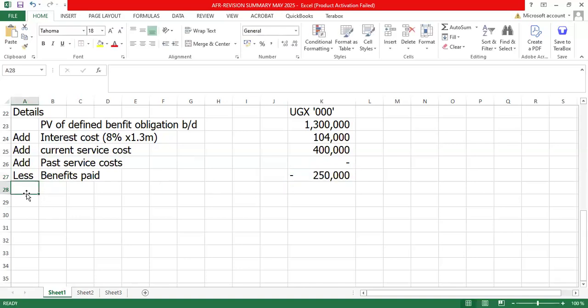Then next, we less transfers. We could also be having transfers or curtailments here. But here we don't have. You may be having a liability and you transfer that liability to another person, maybe to an insurance company. So when you see such kind of statements, you should know.